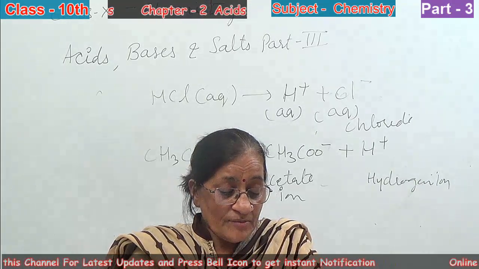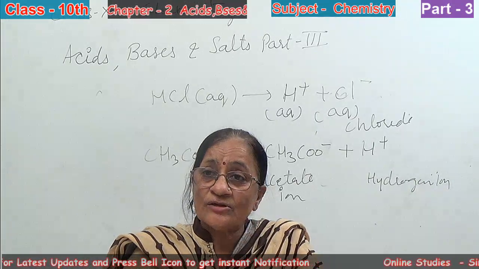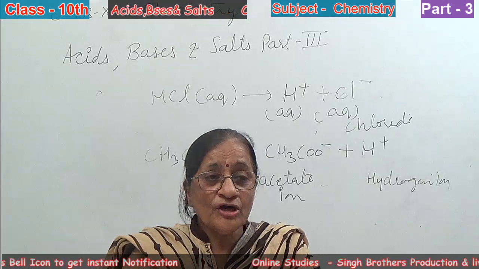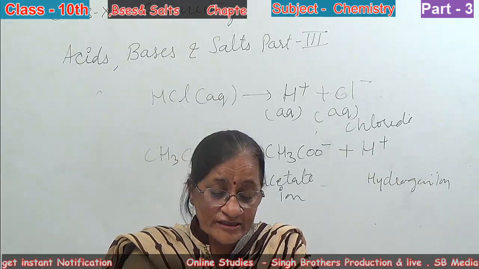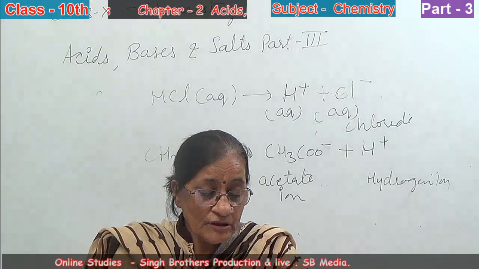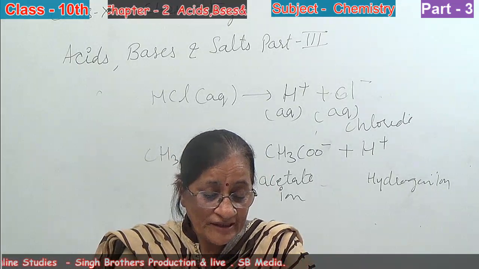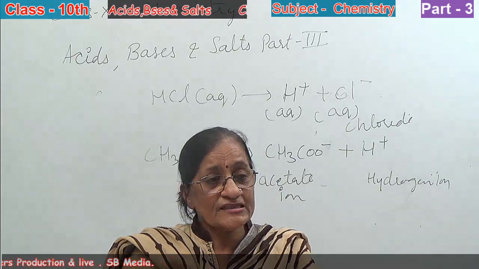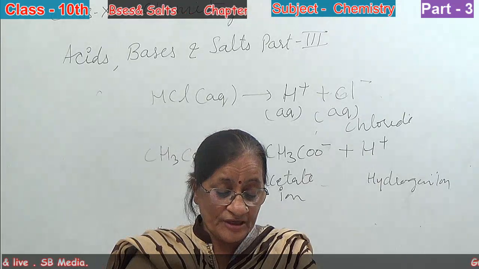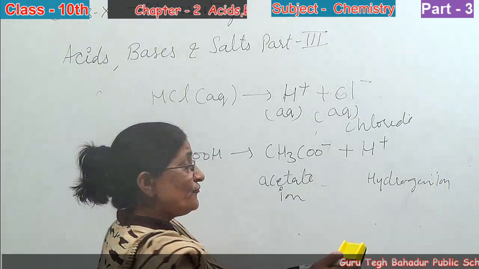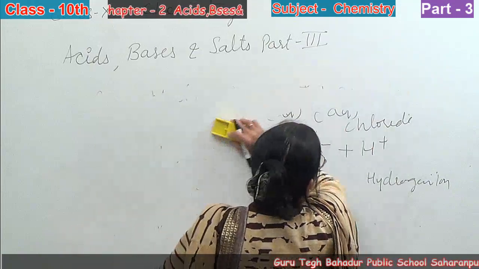In a similar manner, bases also have a common property, they dissociate into OH negative ions in aqueous form, and this property of base is responsible for basic behavior of a compound. We can take the example of a base, NaOH.